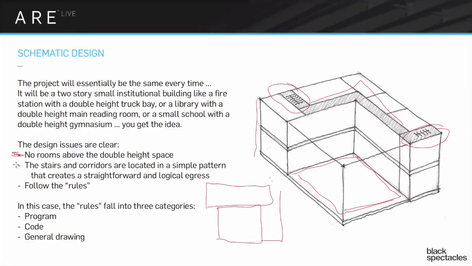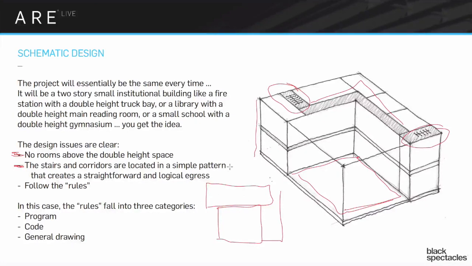The other important thing that's going to happen here is that the stairs and corridors are going to be in some very simple and logical egress pattern. And it's not that it's looking for that from a design standpoint. In fact, the computer really doesn't care about your design capacity. Nobody is going to look at this and say it's a beautiful building. If you are thinking about that at all, you're doing the wrong thing.